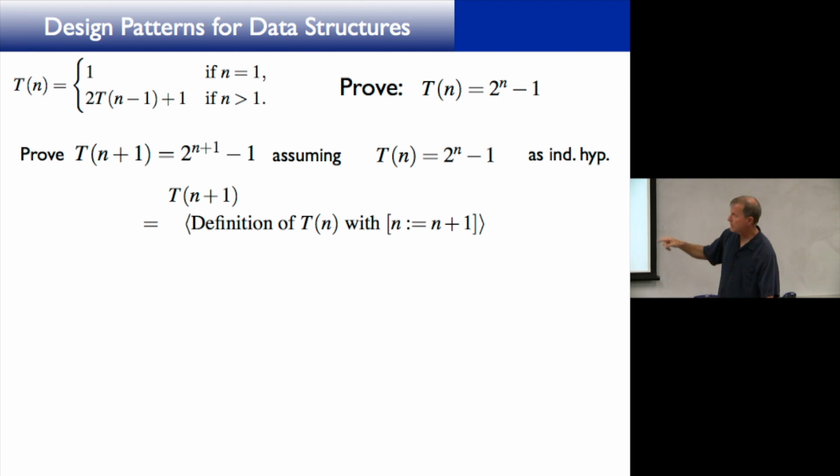So if we do T of n with n replaced by n plus 1, what is it? 2 T of n plus 1 minus 1. Right? Are we good? Does everybody see that? Textual substitution? Okay. But now what is n plus 1 minus 1? So by some math, that's 2 T of n.